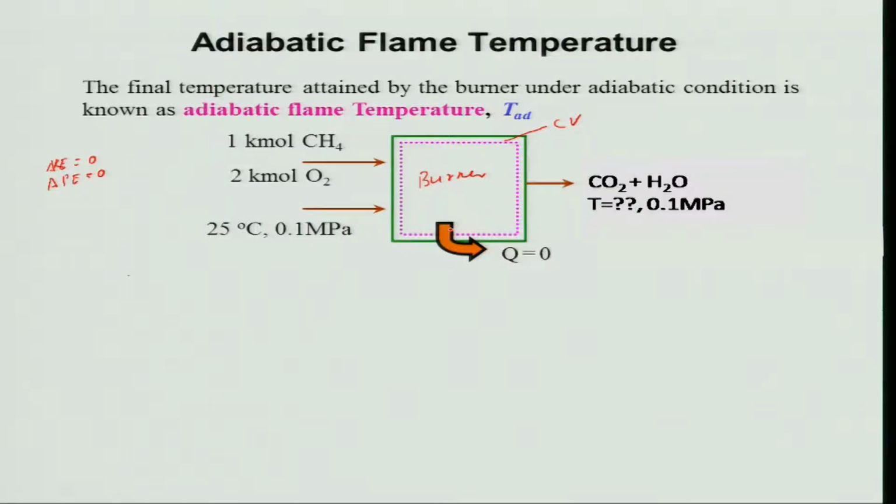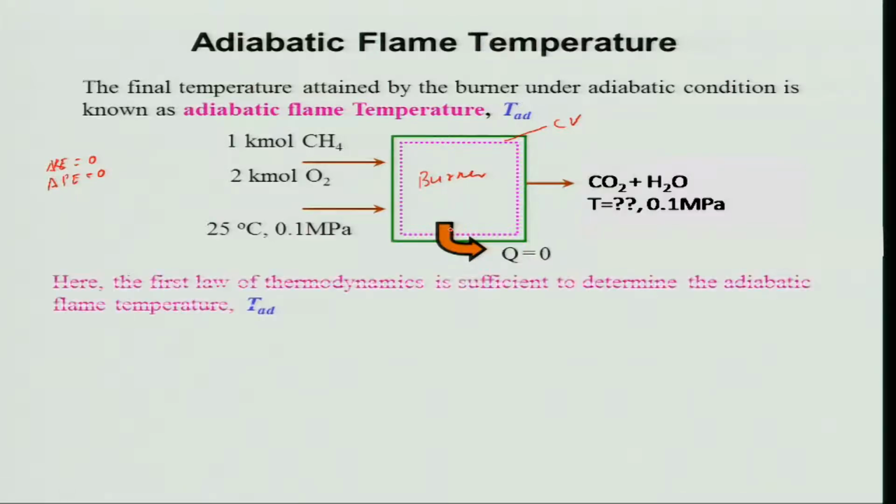It is a flow open system, because fuel and oxidizer are coming in, getting burned and going out. But there might be a situation where the flow will not take place. Are you getting the point? We are now considering a flow process in a burner, right.